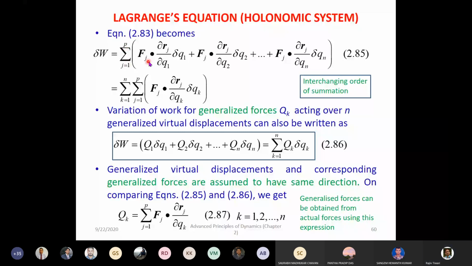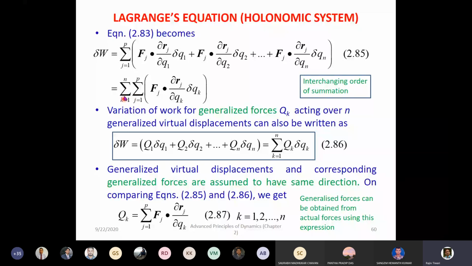Now, how many terms are there inside the bracket? Because we have n generalized coordinates, this can be written as a summation of n terms. You can see the summation of n terms. Order has been changed here, because summation order also we can change without any difficulty.